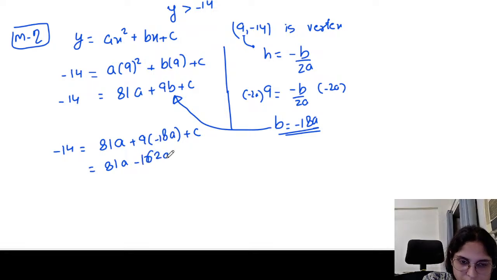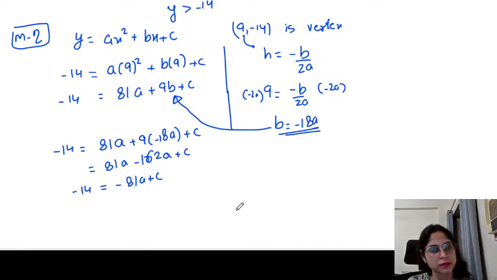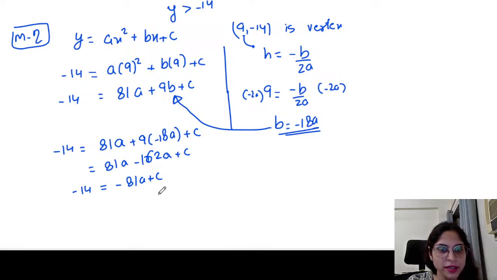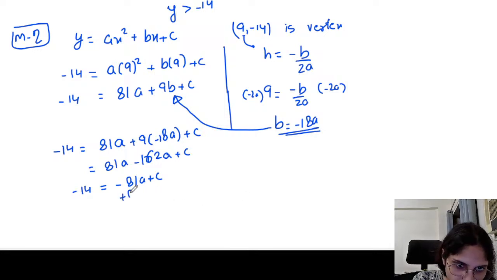Now 18 times 9 is 162, so you get negative 81a plus c. Alright, so from here your c is going to be, you add 81a on both sides, so your c is going to be 81a minus 14.